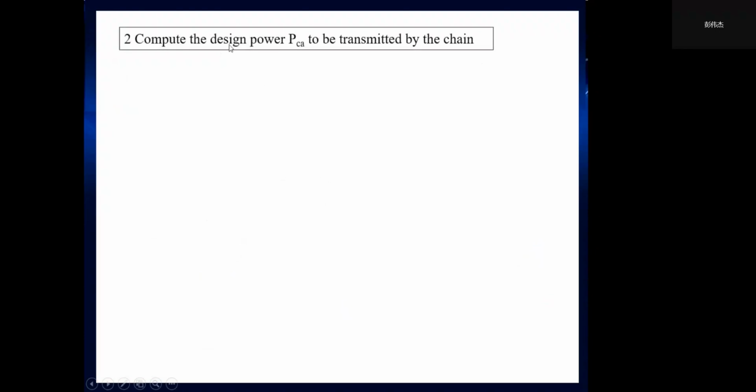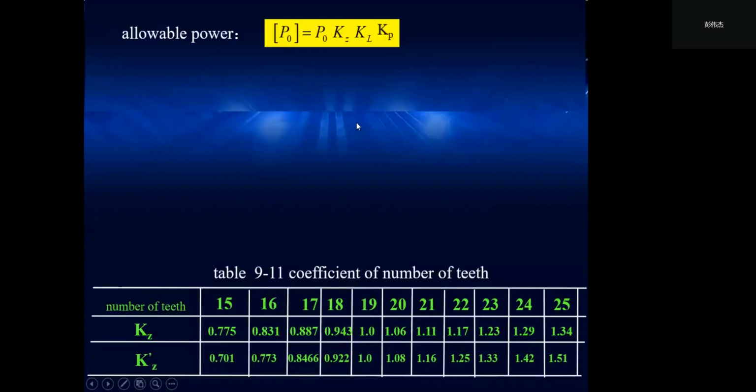And then compute the design power Pca. We use this formula to calculate, and we know that P is 7.5 and KA is 1. Then we should determine the values of KZ and KP.